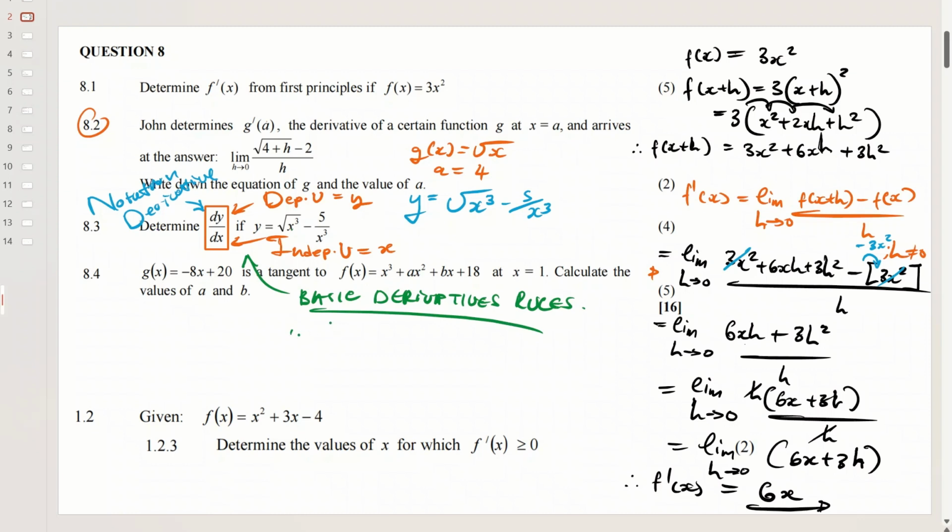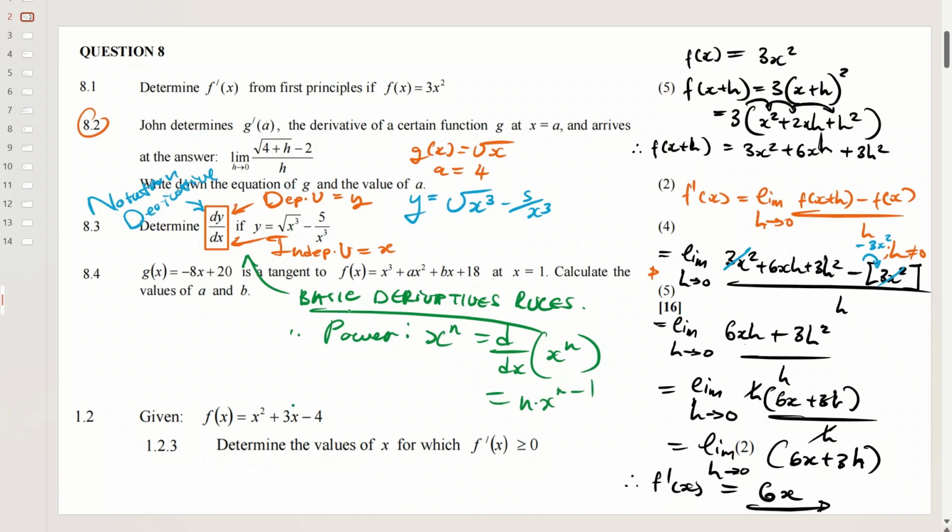What are your basic derivative rules? Number one, you have the power rule. The power rule states that if you have something like x raised to n, when you take the derivative of your function with respect to x, it is the same as dropping your exponent and multiplying it with your base, with the same exponent reduced by 1.